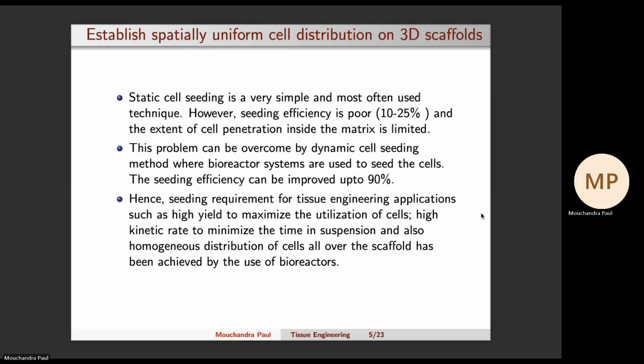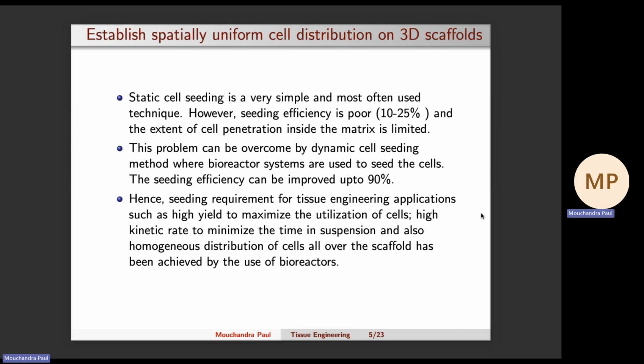So the scaffold is placed in that media in such a way that it is always in contact with the cell suspension around it, and through shaking or simple rotating, we are applying some continuous, gentle force that allows physical contact of the suspended cells and the scaffold. In this way, we can ensure that the cells are physically manipulated to go inside the scaffold.